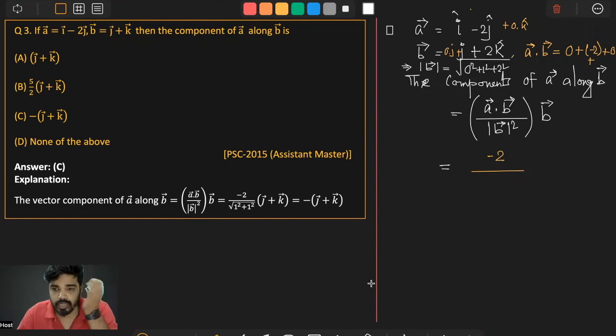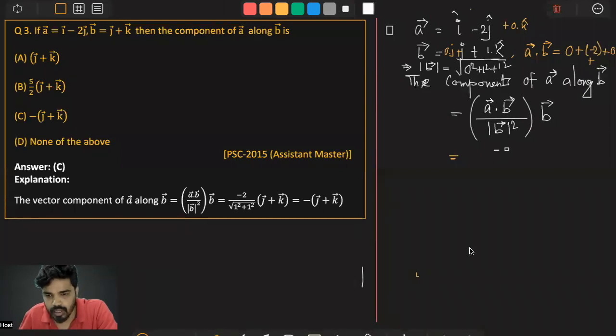Wait, sorry, I wrote it wrong. Please correct it: B is j plus k. So B is equal to j plus k, right? So A dot B is minus 2 divided by modulus B square.